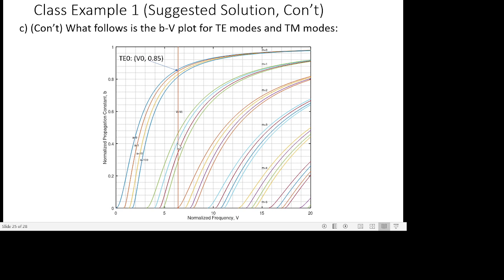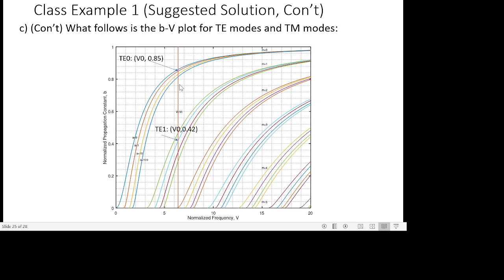For m equal to 1, we need to take out the intersection point from the second family of curves. We got this number. The b for TE1 is 0.42. We can work out all the parameters according to these two numbers.